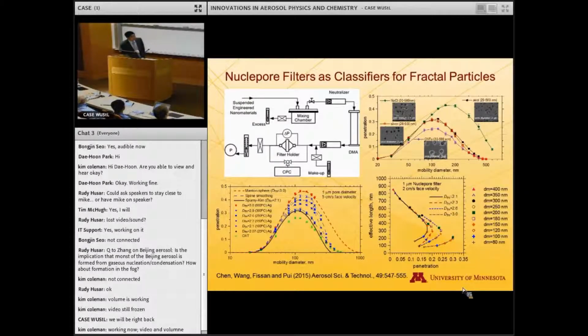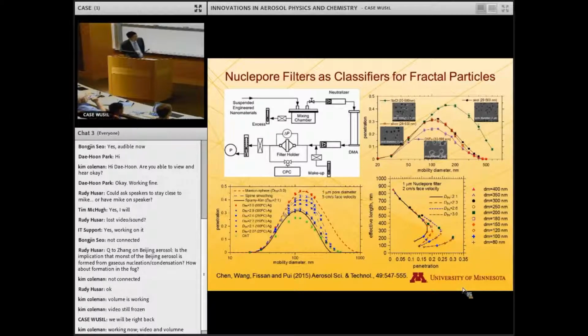They separate very nicely, and the standard deviations are relatively narrow. So we feel that this could be a technique that allows us to pre-classify these nanoparticle agglomerates.